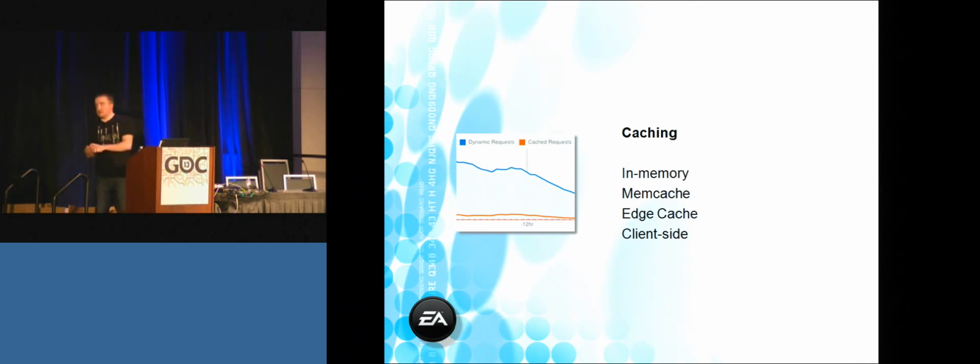There are different techniques to cache, in different layers. First, I'll talk about in-memory caching. This is very limited, because keep in mind that you have multiple instances running that host your application. In-memory caching is not distributed across those instances, so it's very limited.